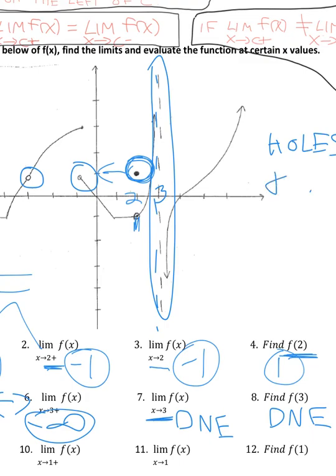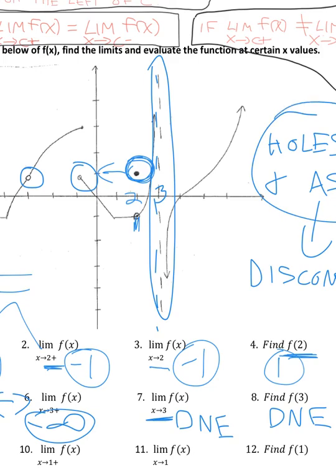Holes and asymptotes are called points of discontinuity, so I'll write discontinuities. This is a term that you'll see all the time in calculus. We say a graph is continuous if it's a smooth curve and it continues. But if you have any gaps or jumps, we say those are discontinuities, and these are examples right here, any holes or asymptotes.